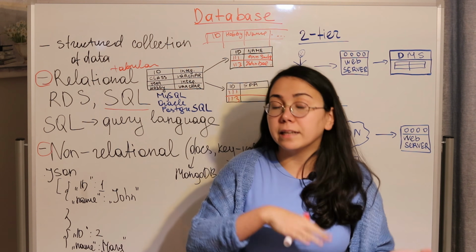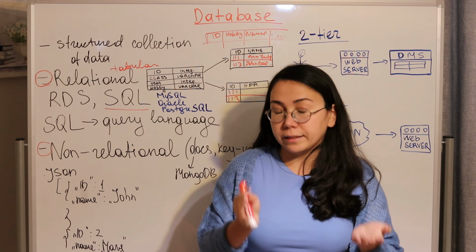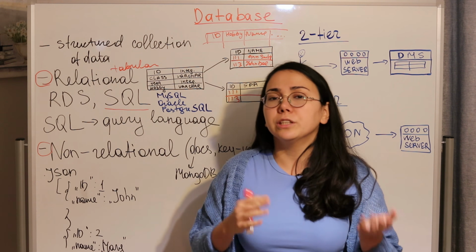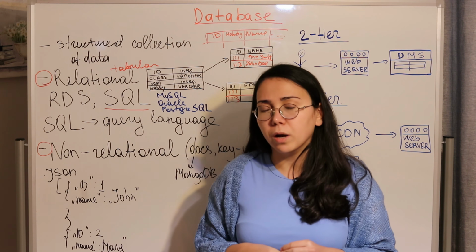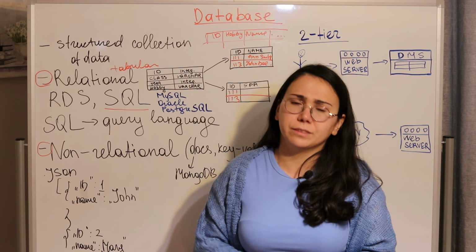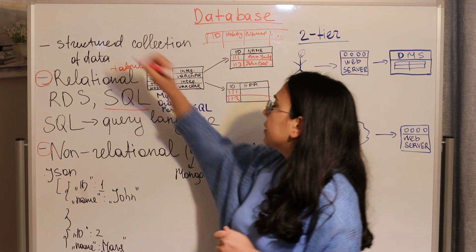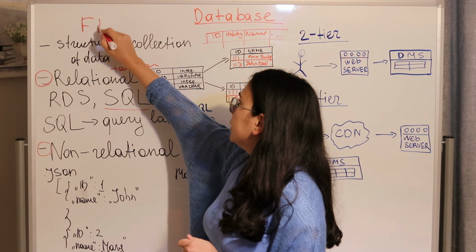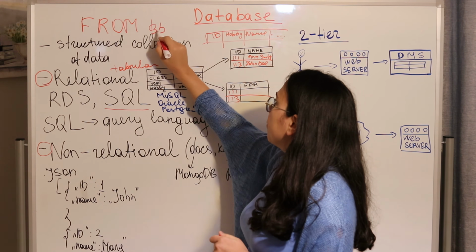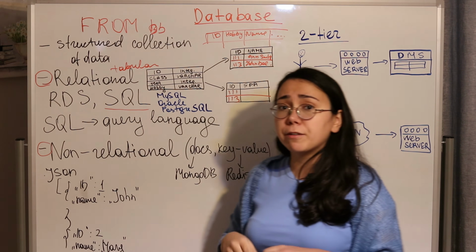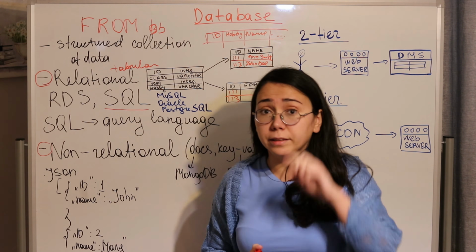As Python and C++ have their own syntax, SQL has its own syntax too. And it's very self-explanatory, very easy to understand. For example, when we say FROM, it always needs to be capitalized: from a certain database, find me something. And that's how we query a database.